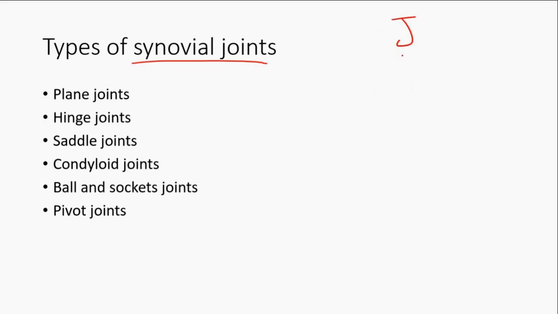So what are the three types of joints? You can answer me. The first type is your synovial joint, the second type is your fibrous joints, and the third type is your cartilaginous joints.